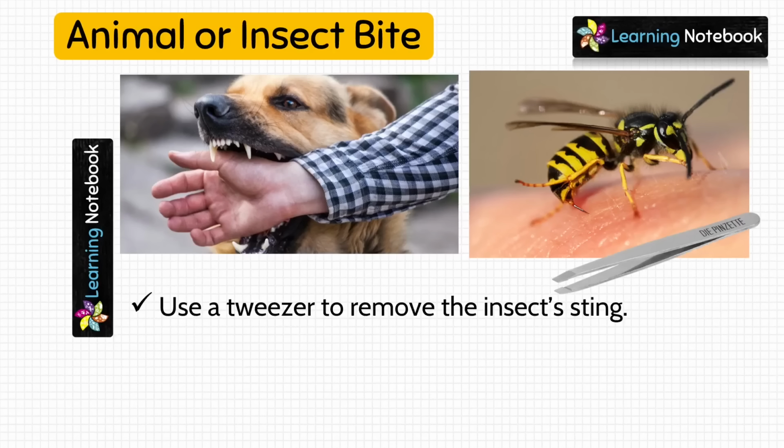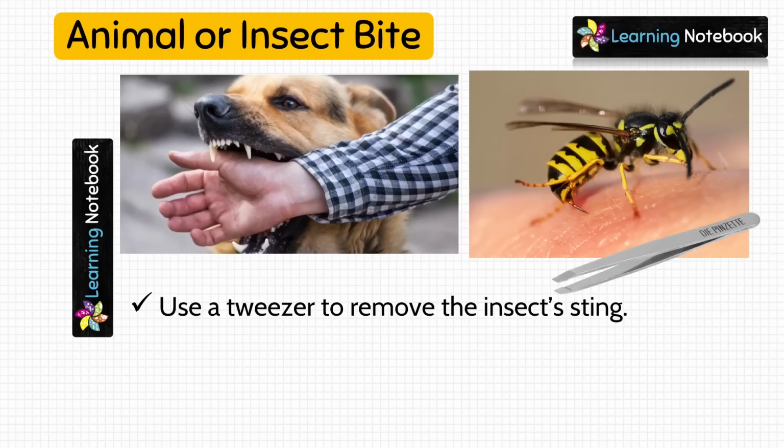Now, let's talk about animal bite. For dog or monkey bite, first of all, wash the area thoroughly with soap and water and then apply antiseptic cream over the affected area.